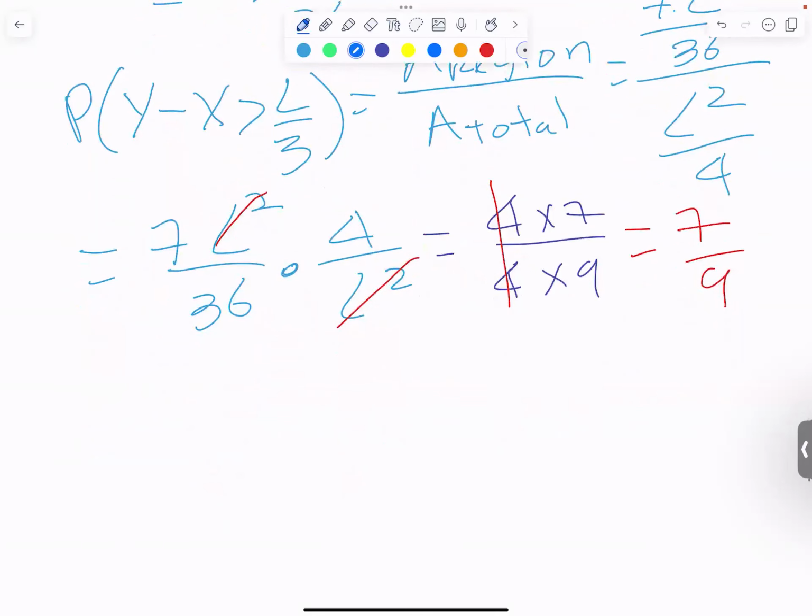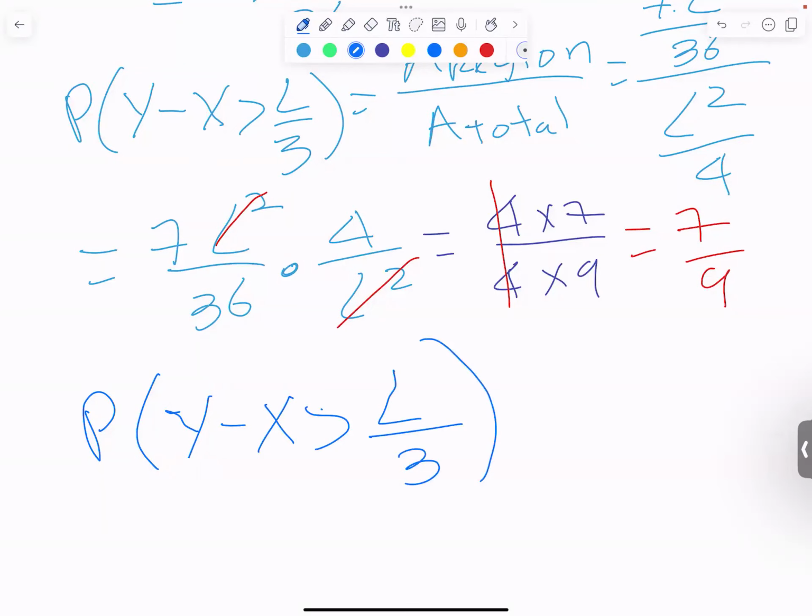This means the probability that y minus x is greater than the length of the segment divided by 3, if we pick the points in that order, is 7 divided by 9.